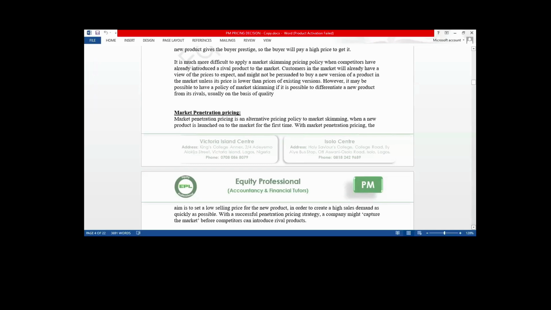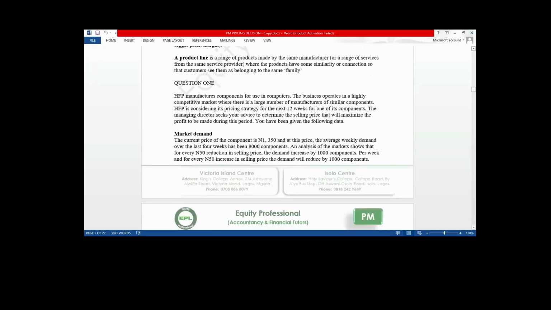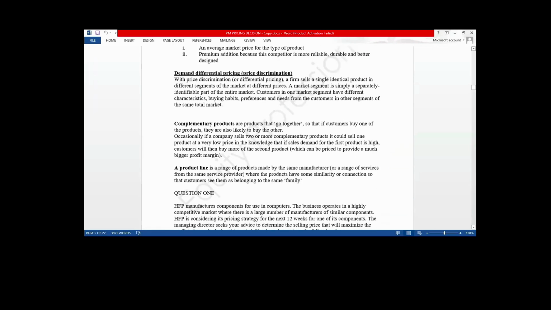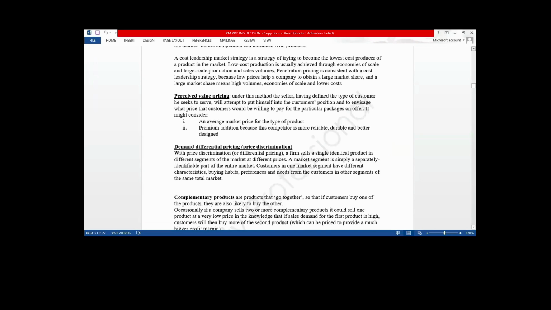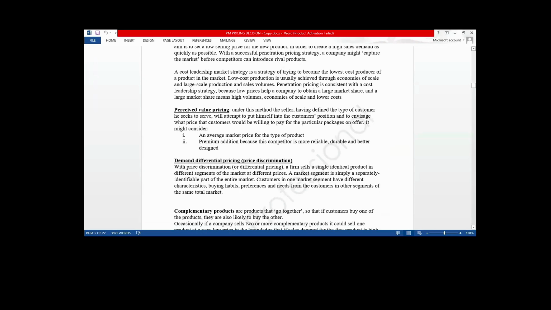Please note, for market penetration to succeed, for you to be able to charge a low price, the company in question must be a cost leader.